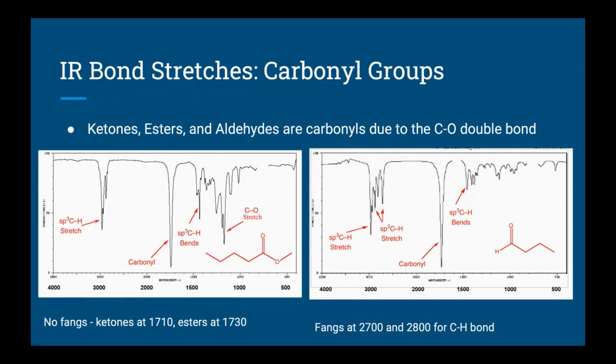So this is going to occur at 1710. We also see a similar spike on the right, but this indicates an aldehyde, which is a carbonyl with one hydrogen attached to it. And so we know this is an aldehyde because at around 2700 and 2800, we see two sort of fangs right there.